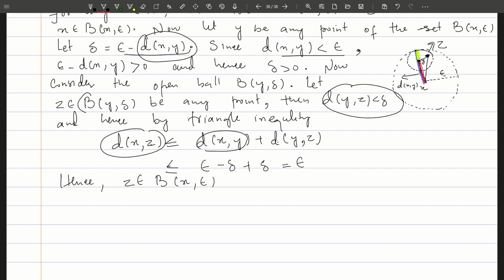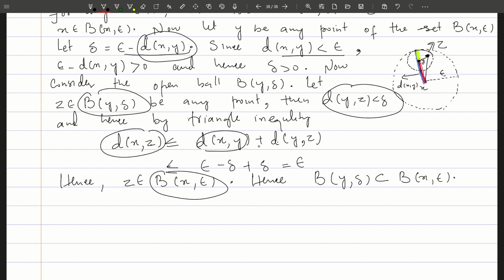That means this ball B(y, delta) is contained inside B(x, epsilon). Now let us prove the second condition for this fancy B to be a basis.